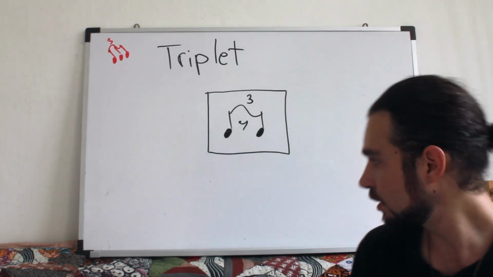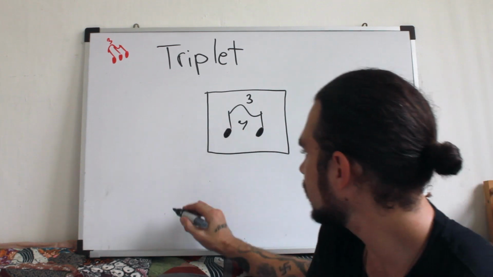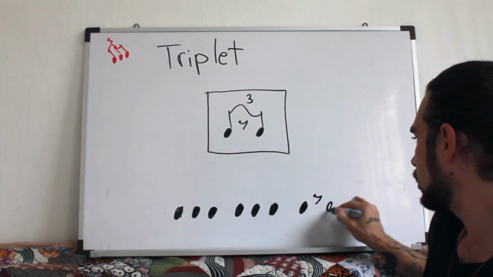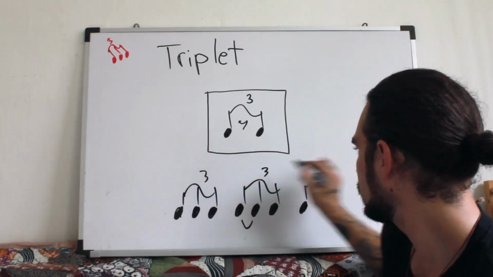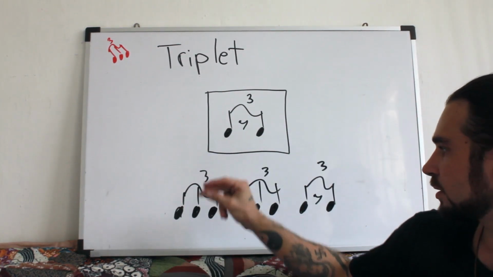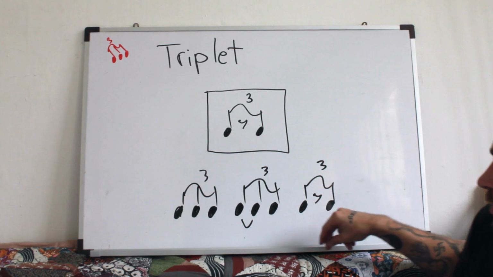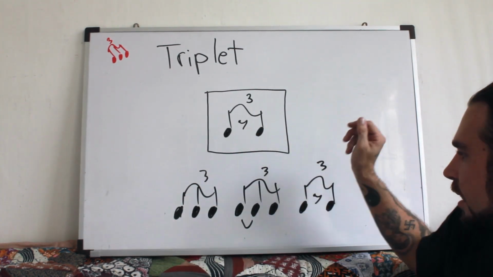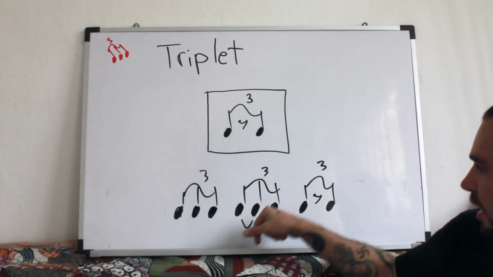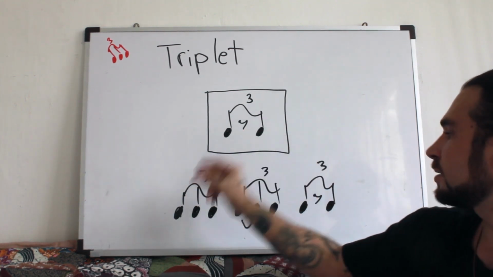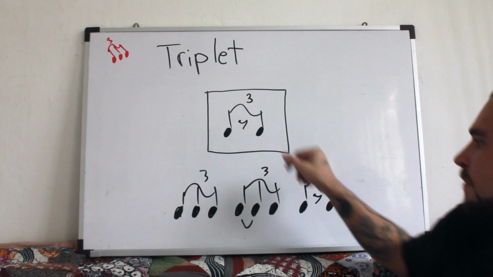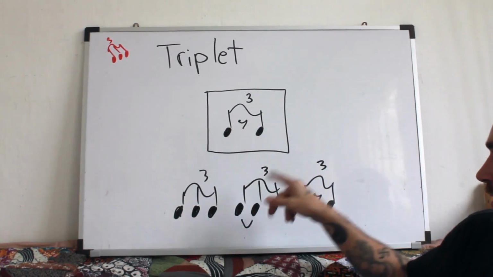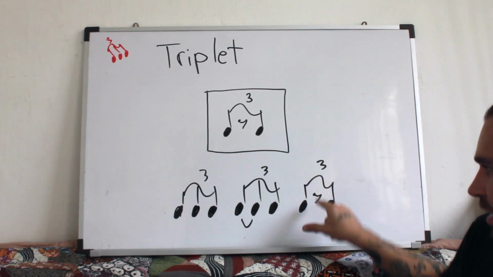Okay, so let's see, we could have triplet, triplet, triplet, da da da da da da da.